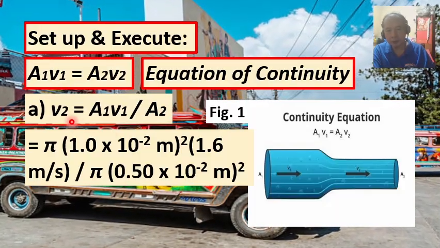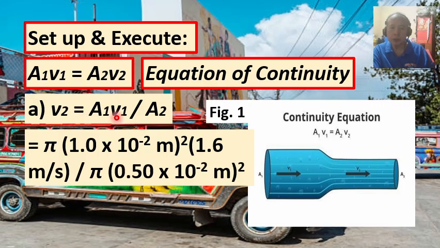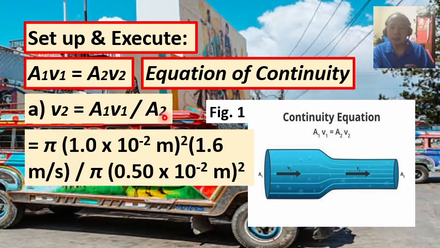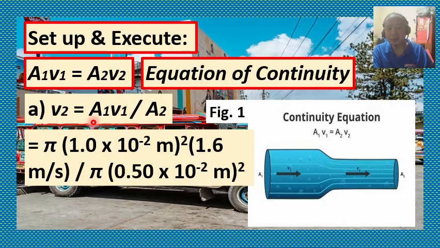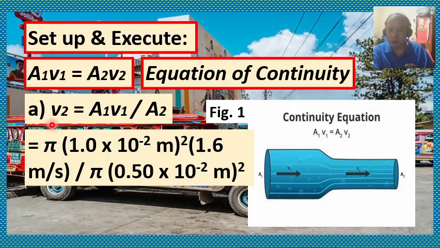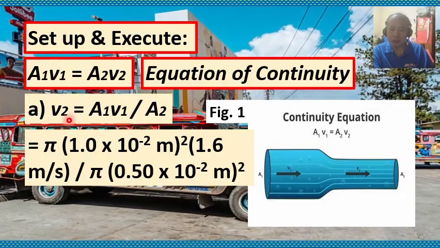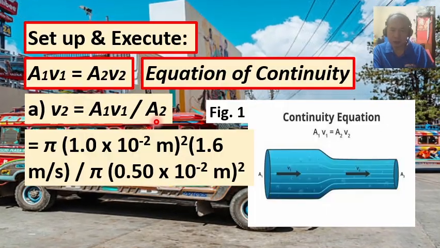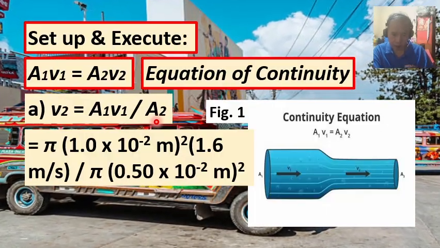The equation of continuity is telling us that the flow speed is inversely proportional to the cross-sectional area.